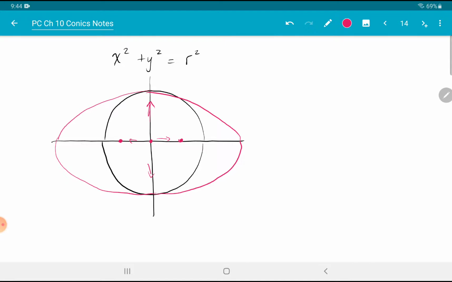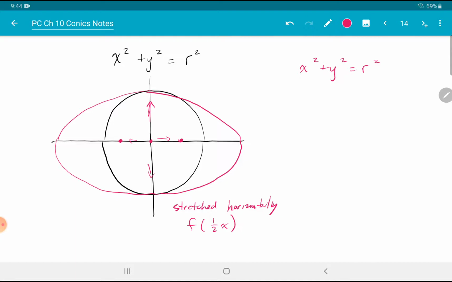Now because of that, if you think about the equation of a circle, x squared plus y squared equals r squared, what we're really thinking about is that this function got stretched horizontally. How do we tend to think about that? Well, as a function, if it got stretched horizontally, you're thinking about how that value of x gets multiplied by a half.